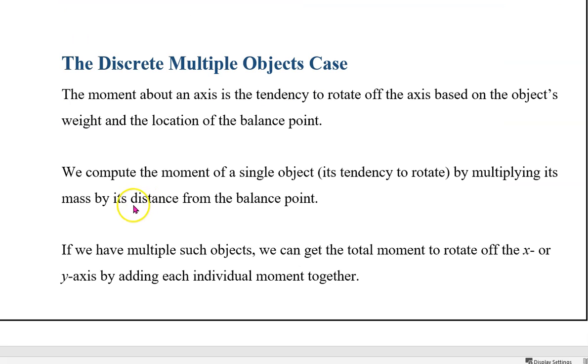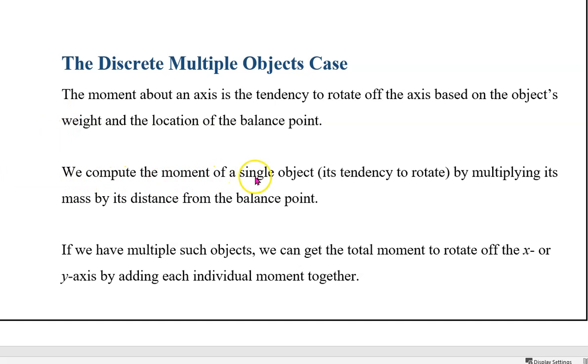Let's think about the discrete multiple objects case. The moment about an axis is the tendency to rotate off the axis based on the object's weight and the location of the balance point. Typically, we're thinking about rotating off of a vertical or horizontal axis.